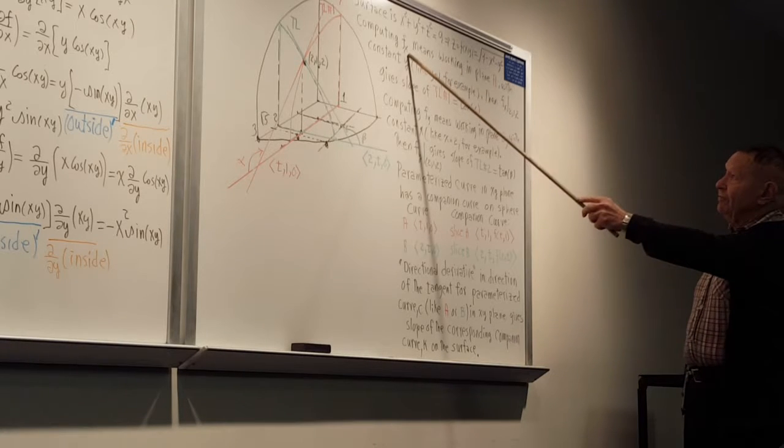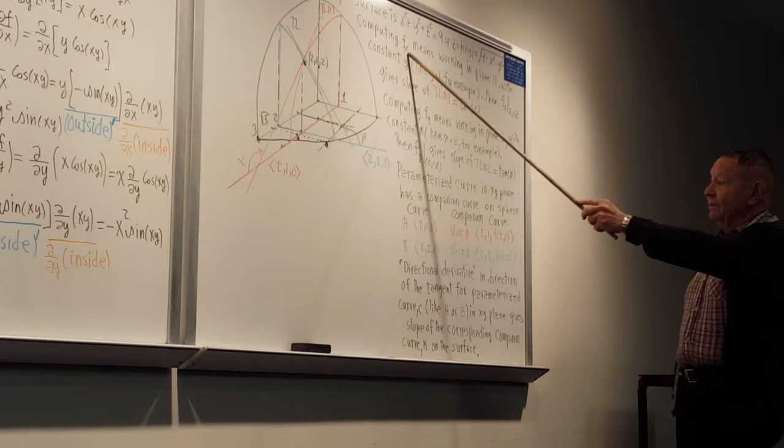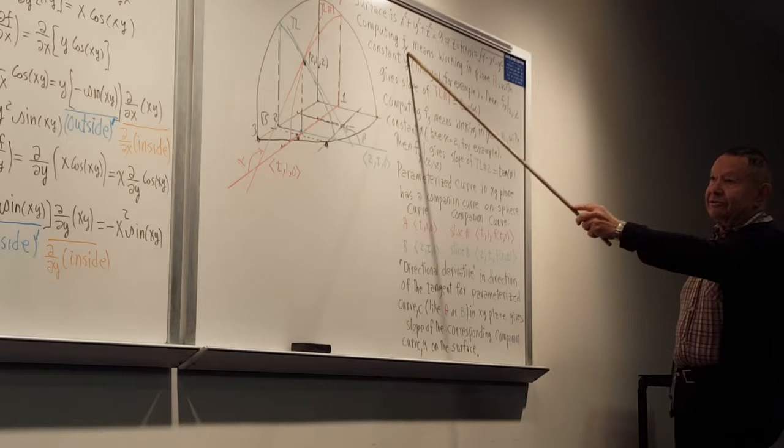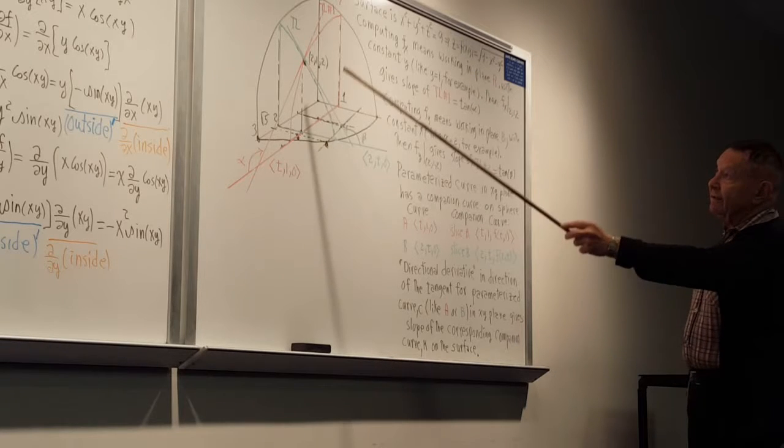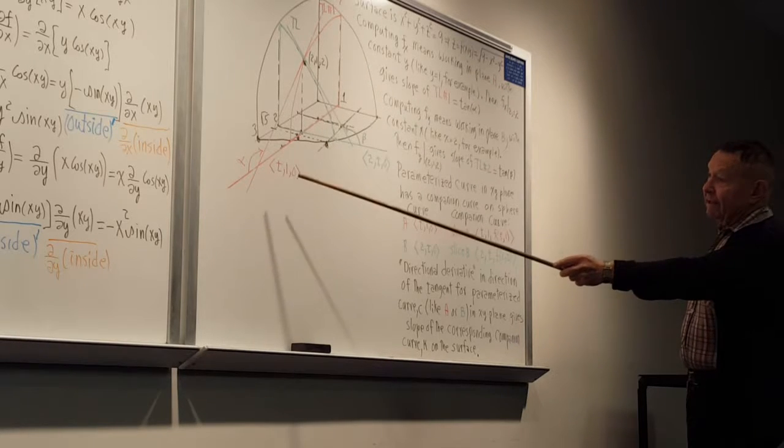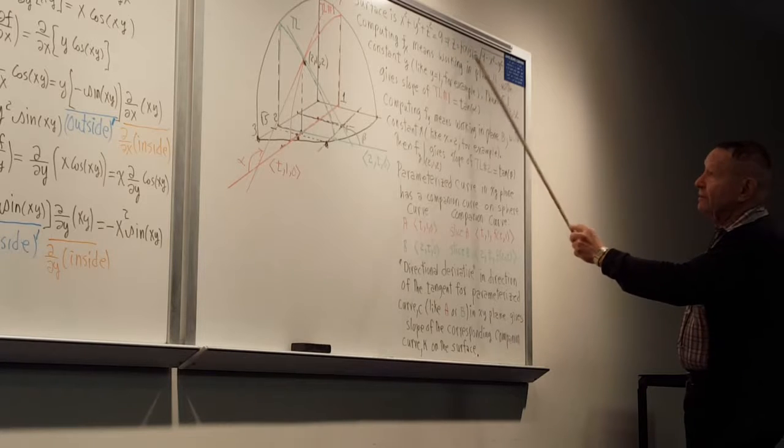So then computing f sub x, this is a way to write the partial derivative with respect to x, means working in a plane like the plane A, which goes with this color.